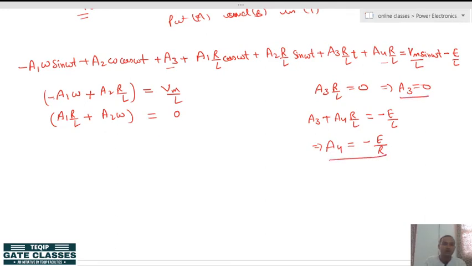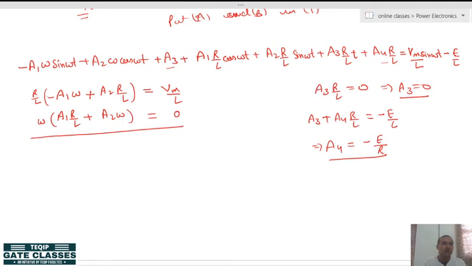Now we are going to calculate a1 and a2. It's simple linear equations we can solve. Just multiply the whole above equation by r by L and lower equation by omega, and add the two equations.